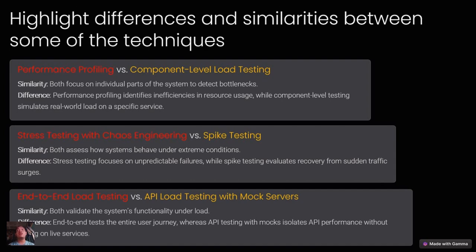Similarity: both assess how the system behaves under extreme load. Difference: stress test focuses on unpredicted failures, while spike tests evaluate recovery from sudden traffic surges.